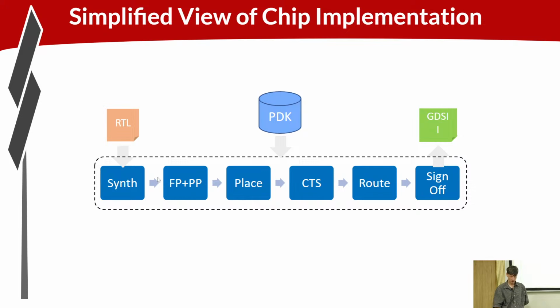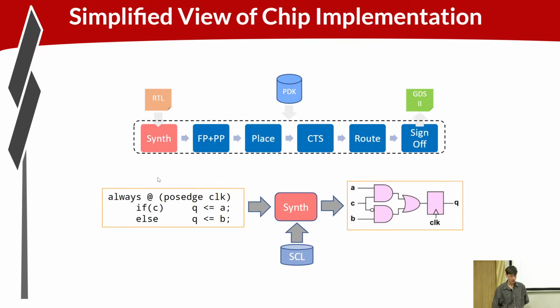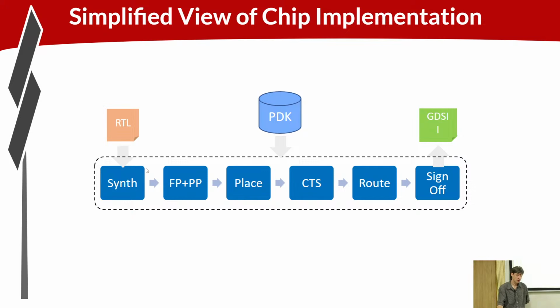Okay. Logic synthesis, after that, you're doing floor planning and power planning, which is how the logic is laid out in the silicon. Synthesis is focused on the cells that are used to implement your logic, whereas this step is focused on where those cells are going to be placed.